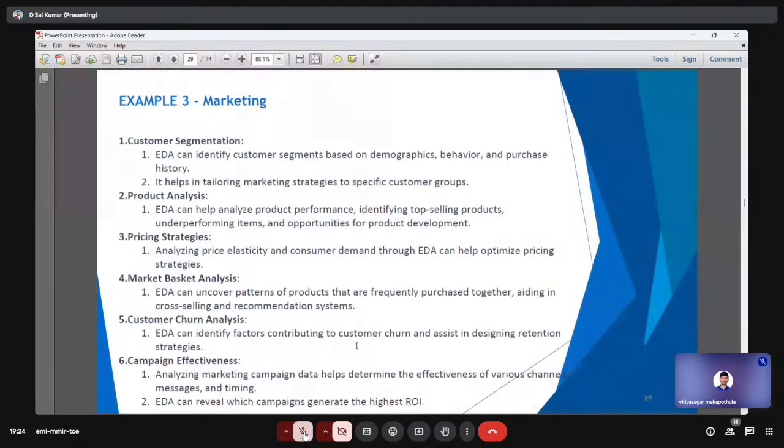Such objectives need to be defined before applying this data on some model. If the problem definition is clear, most of the job is done. Then comes data preparation. With respect to data preparation, I have already mentioned this step.